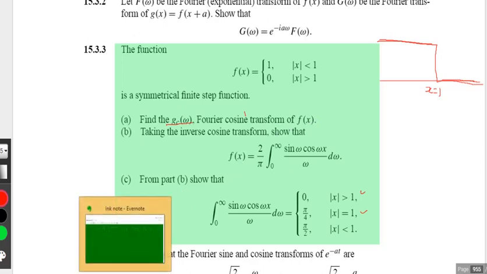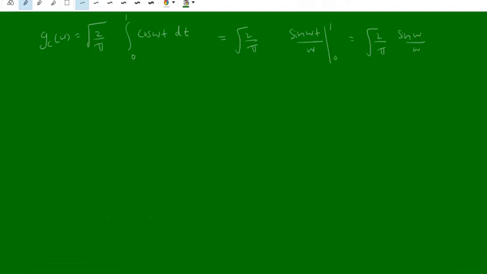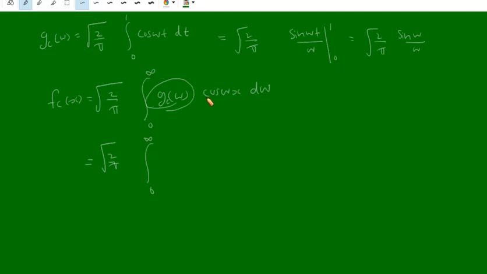Okay. Now next we have to take the inverse cosine transform. So the inverse cosine transform will be fc of x equal to root 2 by pi integral 0 to infinity gc of omega into cos omega x d omega, and here we have to substitute this gc of omega. Now what is gc of omega? This will be root 2 by pi sine omega by omega.